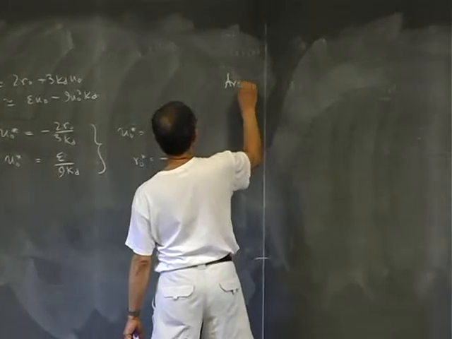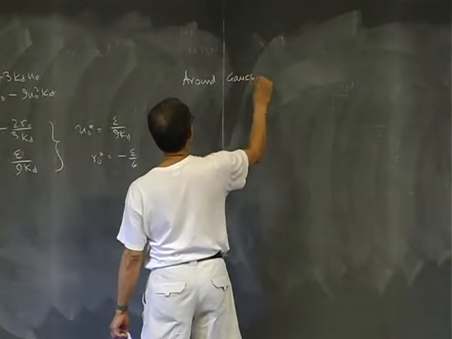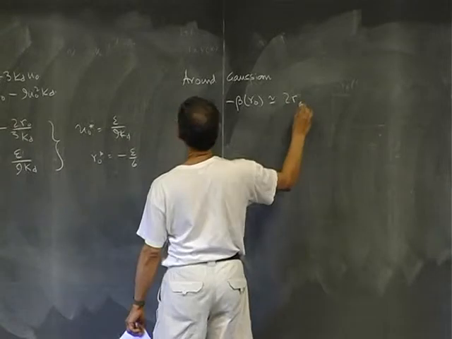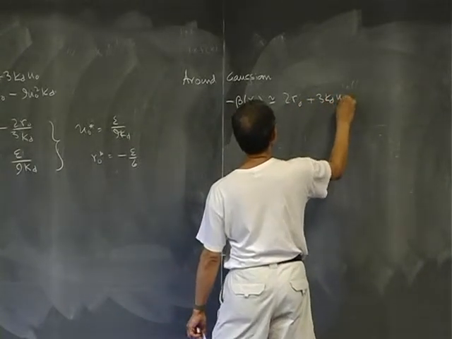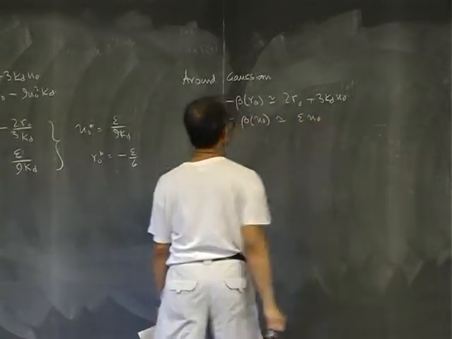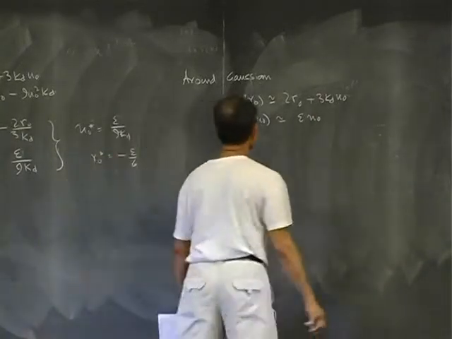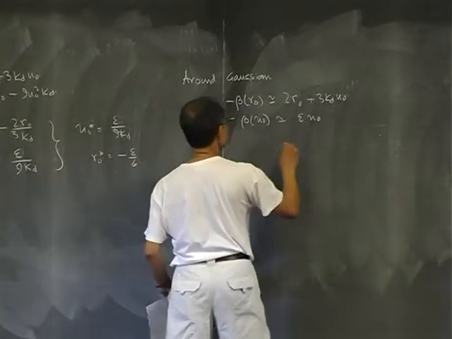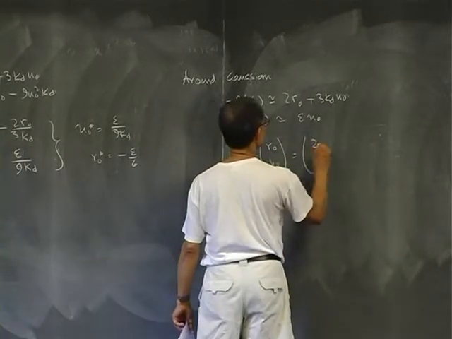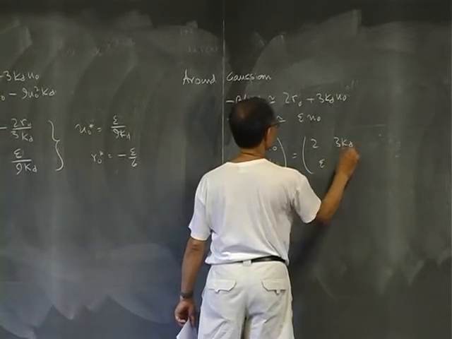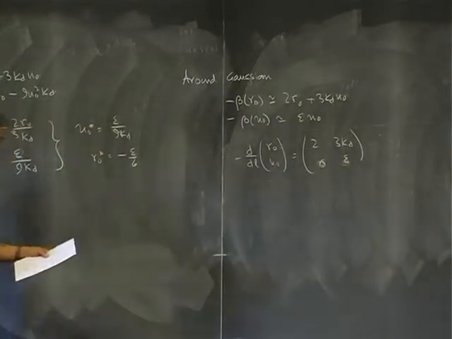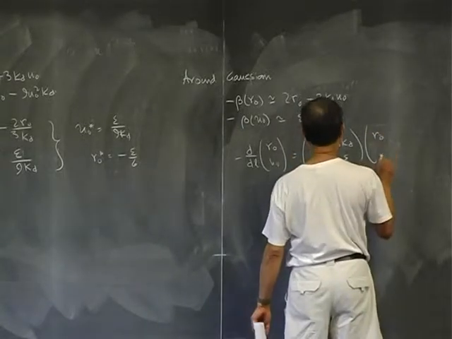So around the Gaussian fixed point, I can write d by dl of R naught, U naught as a matrix with entries 2, 3 kd, and then 0 and epsilon, acting on R naught and U naught.